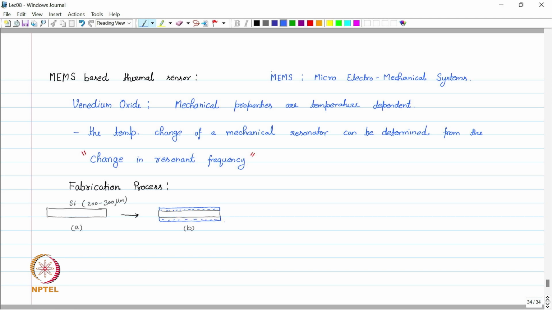Let's say this is our oxide, and on top of this silicon oxide we put a thin layer of gold.